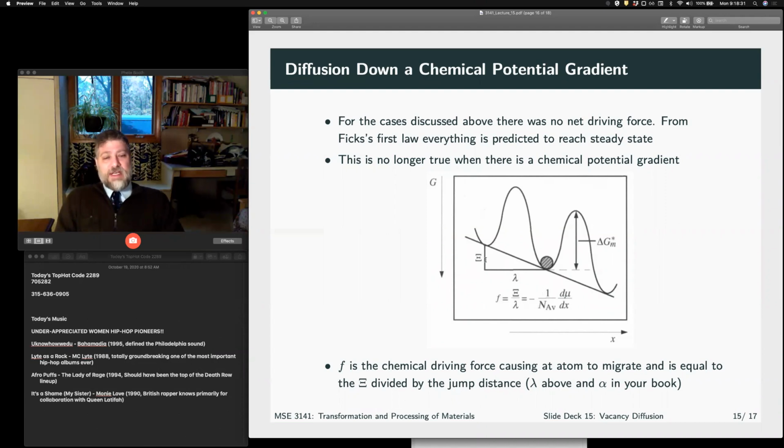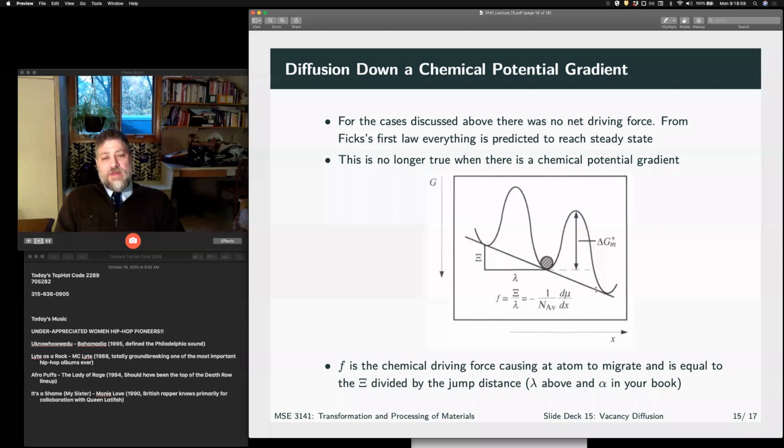In a chemical potential gradient, we have a driving force, right? The activation energy for a forward hop is less than the activation energy for a backwards hop. So in the forward direction, it's just delta G of migration. For the backwards, it's delta G of migration plus the chemical potential gradient, right?